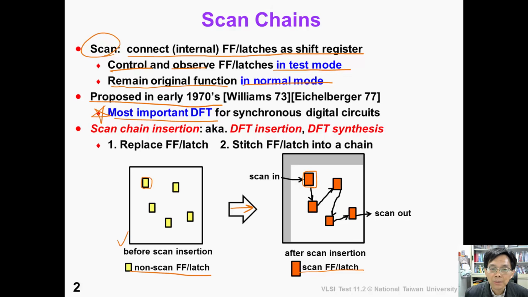The second step is that we need to stitch those scan flip-flops into a chain. In this way, we can scan in our test pattern and scan out the test response in test mode. This procedure is called scan chain insertion, also known as DFT insertion or DFT synthesis in the design flow.